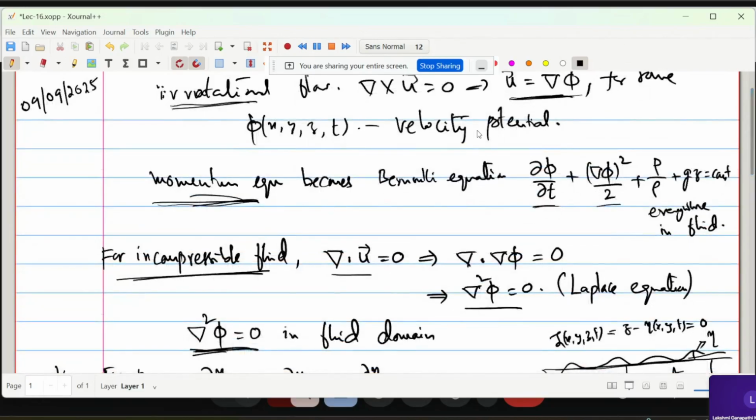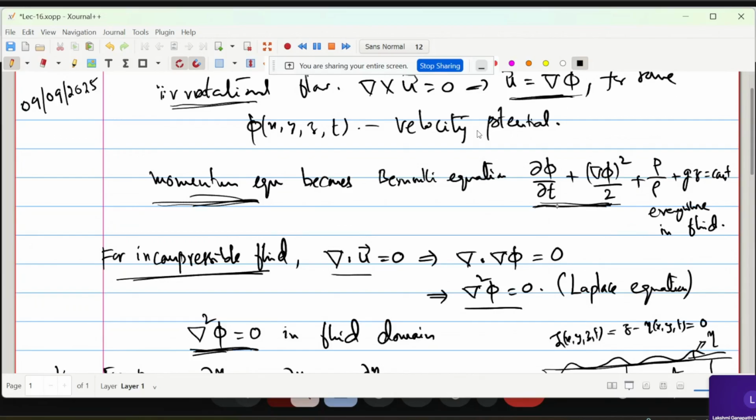Pressure may be a nonlinear function. But if you actually see phi, it is a linear equation you are solving. What is the advantage of linear equations? Linear superposition of solutions is possible. Any two solutions you can superpose is also a solution.